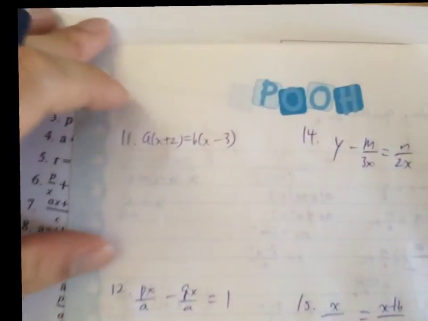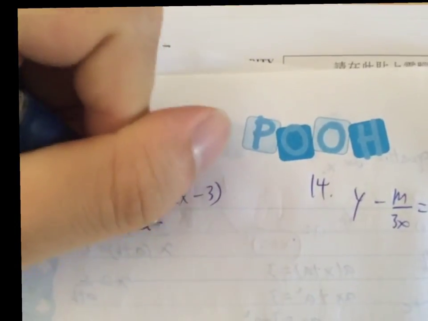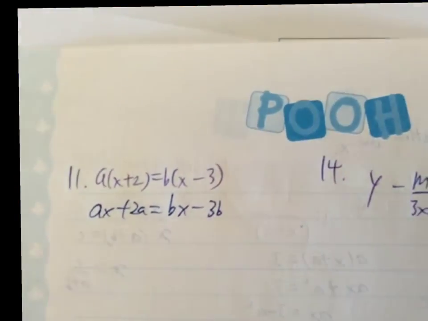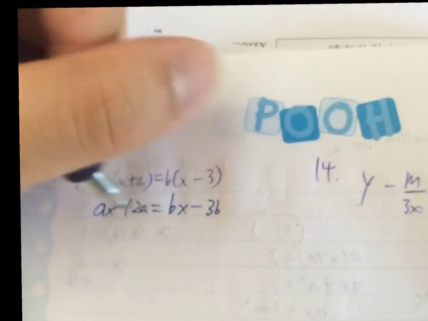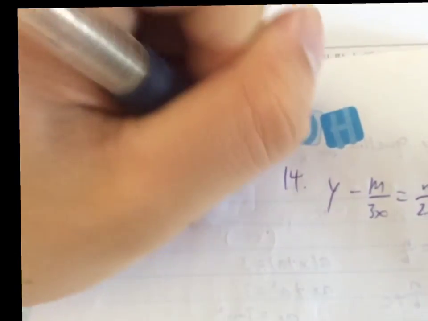Number 11, you expand, because both brackets have x, and you do it so the negative side is less, which is better.